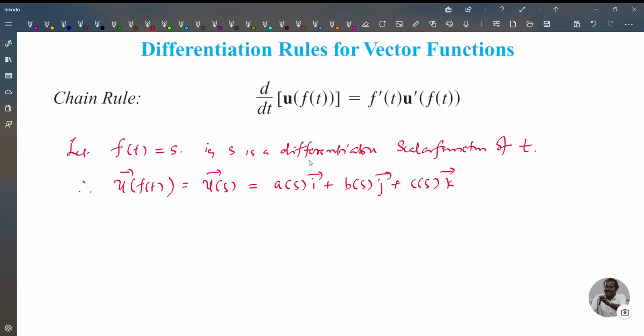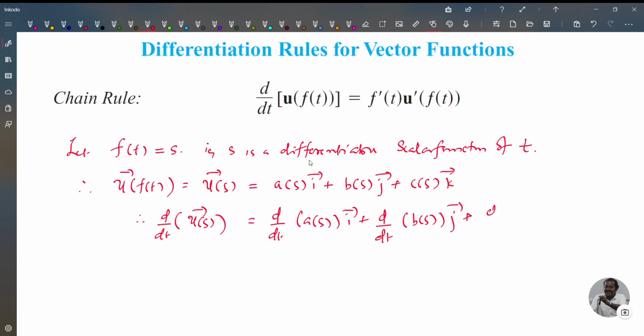Therefore, d by dt of u of s is equal to d by dt of a of s into i plus d by dt of b of s into j plus d by dt of c of s into k, where a of s, b of s and c of s are real functions of s.